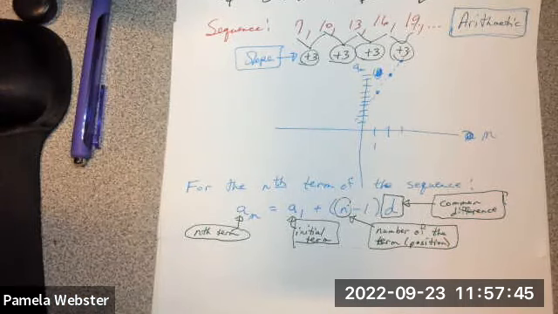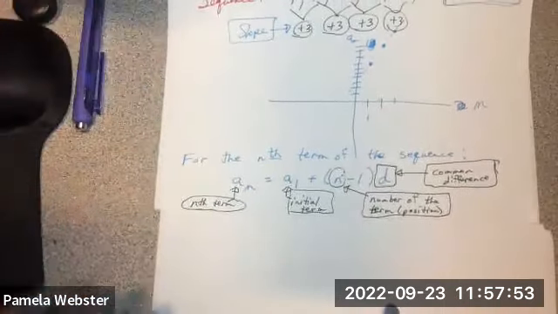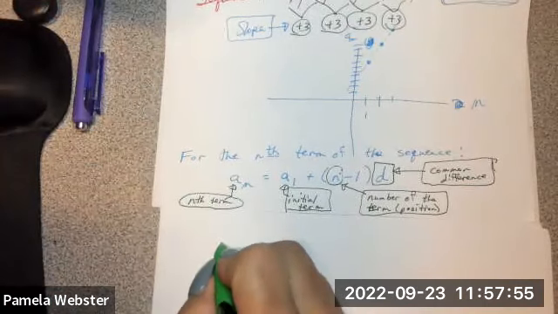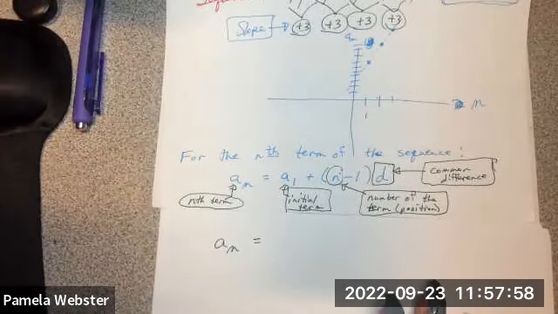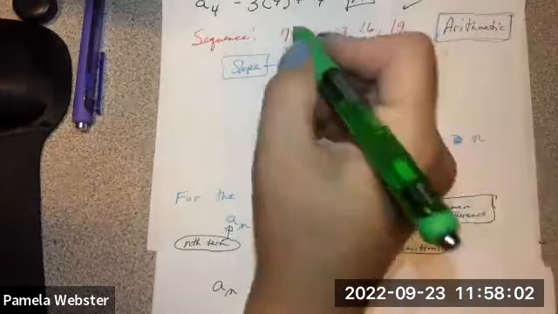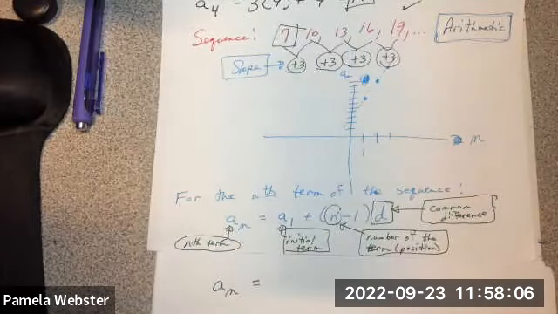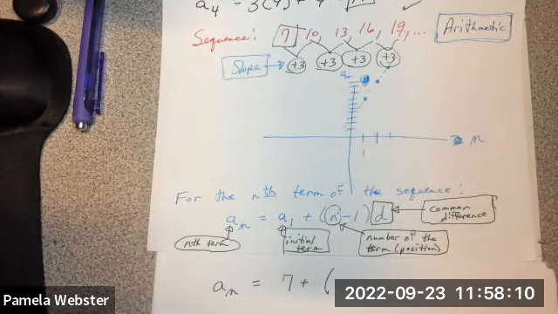Then let's go ahead and plug that in and see what we can get. So let's find the generic for this guy. A sub n, that's going to stay generic. A sub n equals, what was my a sub 1? The first term here was a 7, right? So we're going to put in a 7 plus, let's leave this generic for right now, and in a minute we'll find the 20th term.